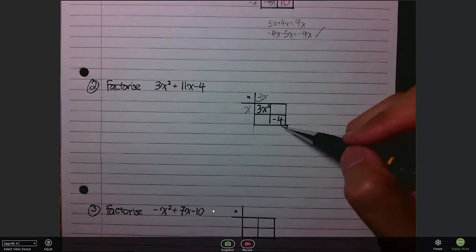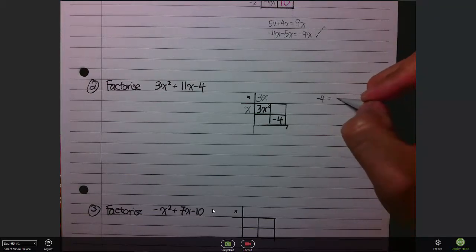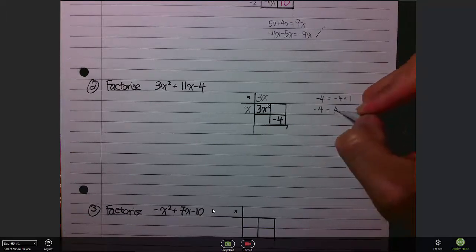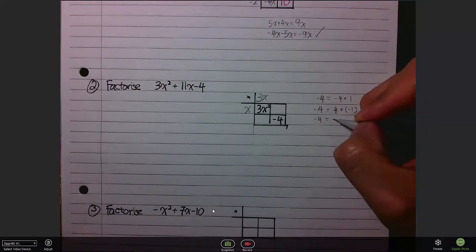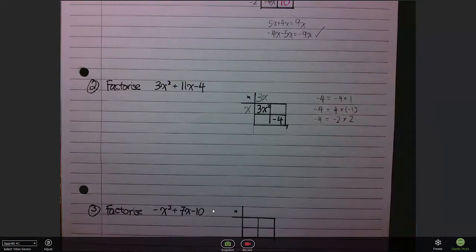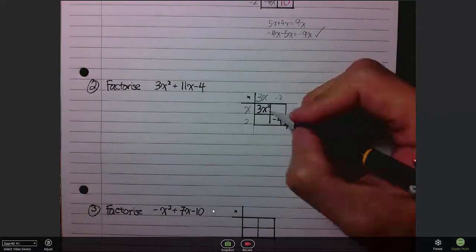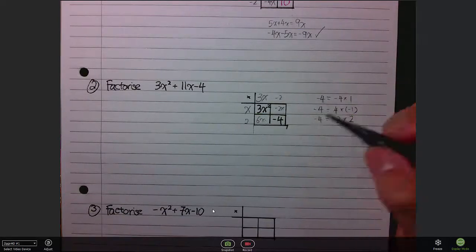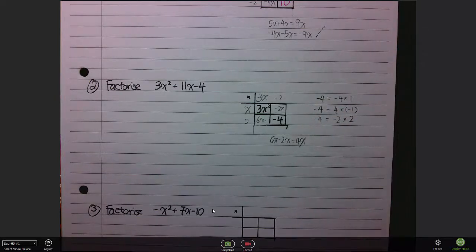Negative 4 can be written as negative 4 times positive 1, or 4 times negative 1, or maybe negative 2 times 2. So let's try first negative 2 and 2. Here I'll get negative 2x and 6x. 6x minus 2x gives me 4x. So this is incorrect. Let's try again.